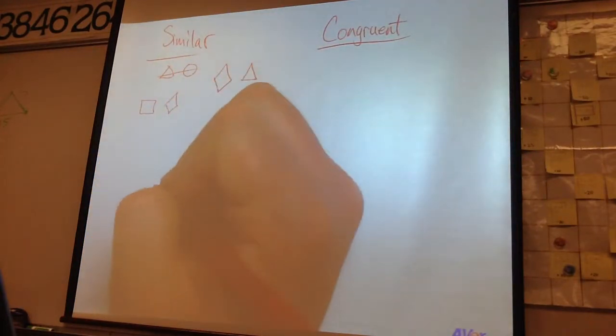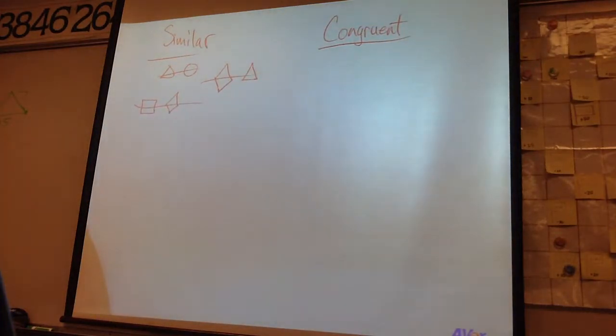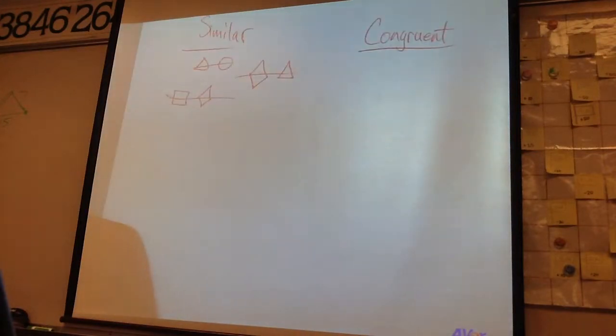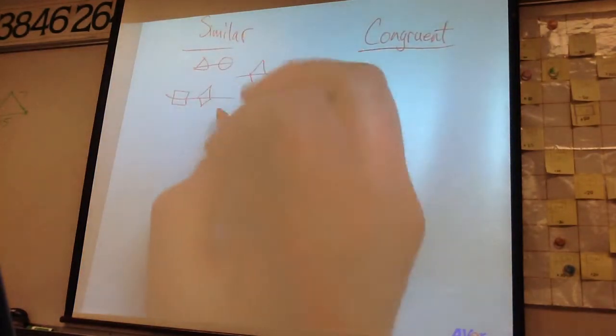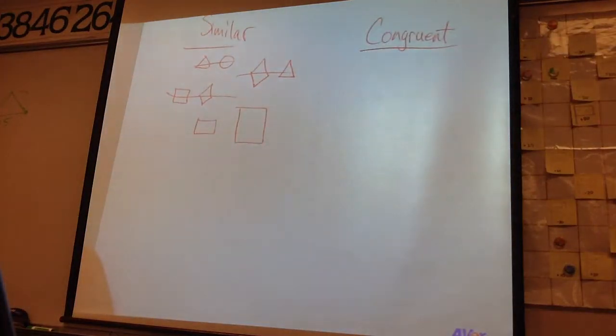Are those similar? Absolutely not. It's not exactly the same, but it's a ratio: what is this size and what is this size? Are these similar? Yes. Same shape, different size.